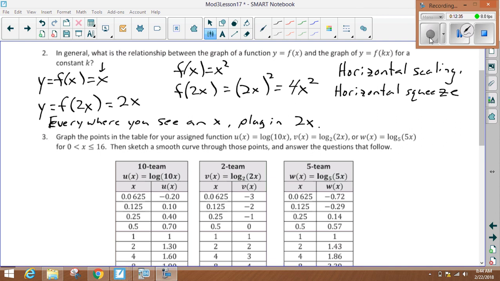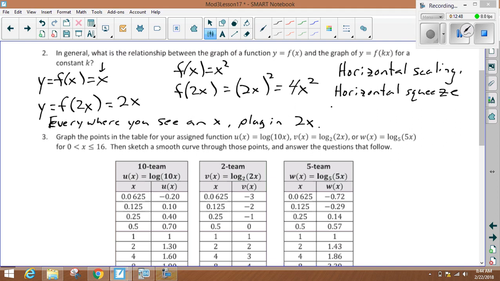There are a lot of different ways you can have that experience. But the thing that is always true, no matter the terminology, is that there is an increased rate of change. So that gets away from the terminology of squeeze or dilation or scaling or whatever. Bottom line, the rate of change is increased.